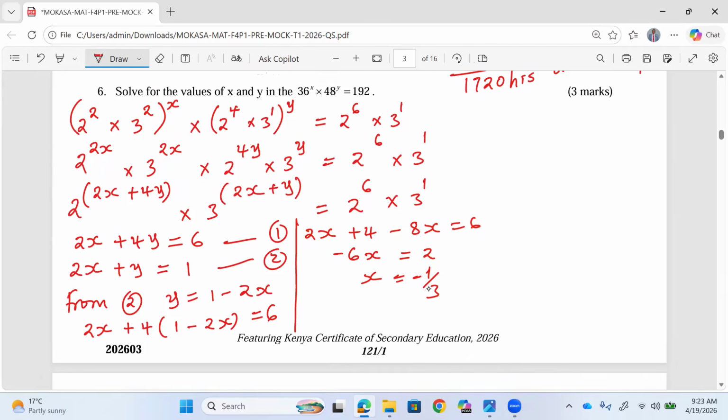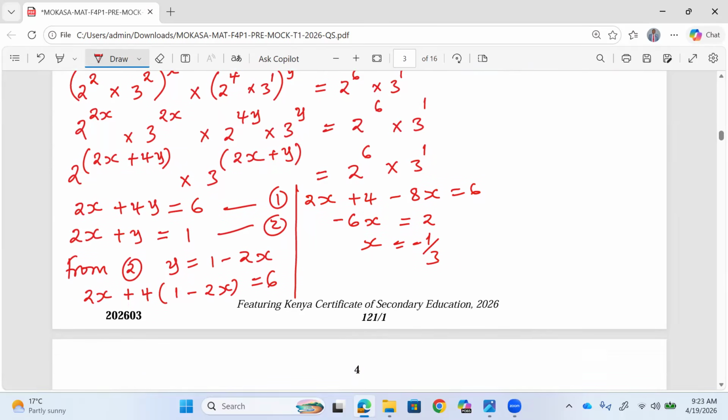Therefore, the value of x is negative a third. If that is negative a third, then let us get the value of y according to this. So the value of y shall be 1 minus 2 into negative a third. It becomes 1 plus 2 thirds now, because the negative 2 thirds turns to a positive.